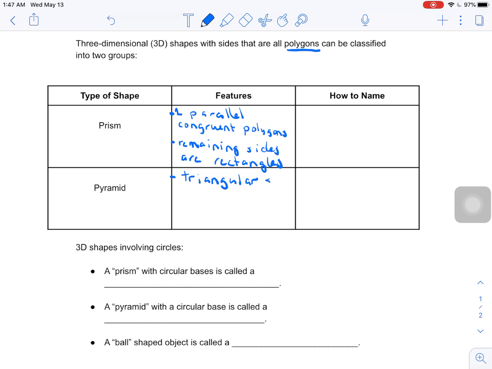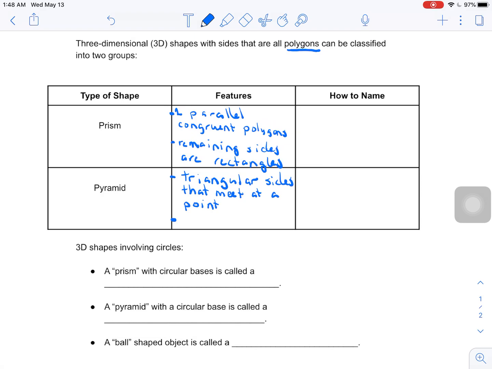So triangular sides that meet at a point. Or if you want to be really geometric, you say they meet at a vertex, because vertex is the fancy geometry word for point. But we'll say point so that you remember what it is. So triangular sides that meet at a point. And then the base of all of those triangular sides, that base is going to be a polygon.